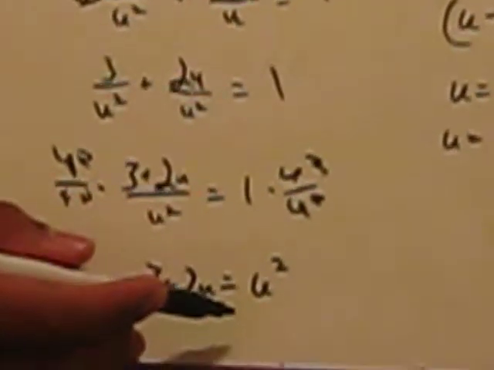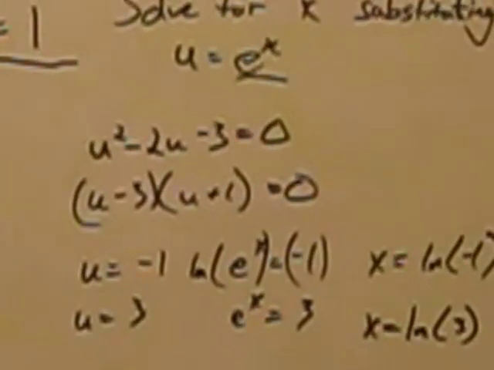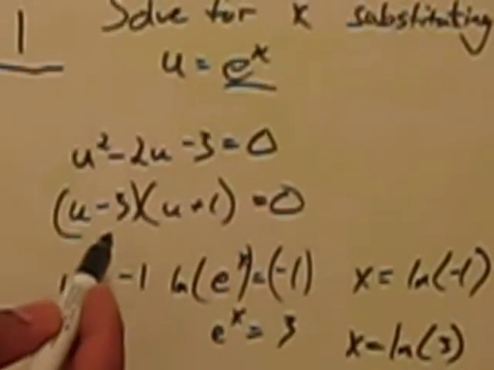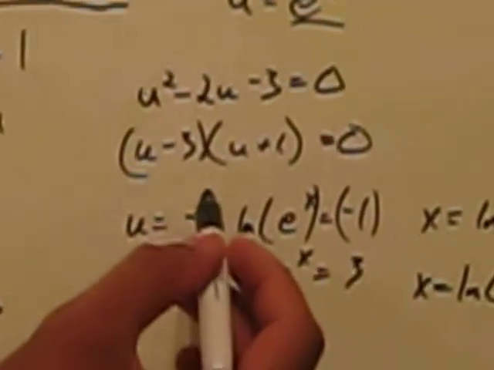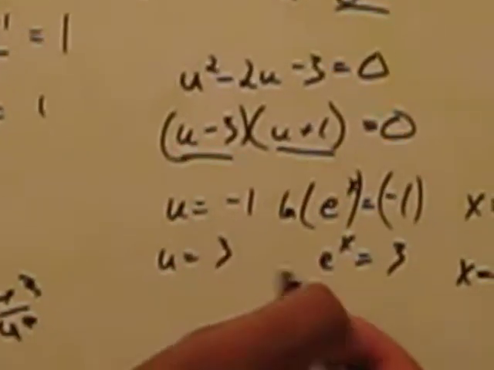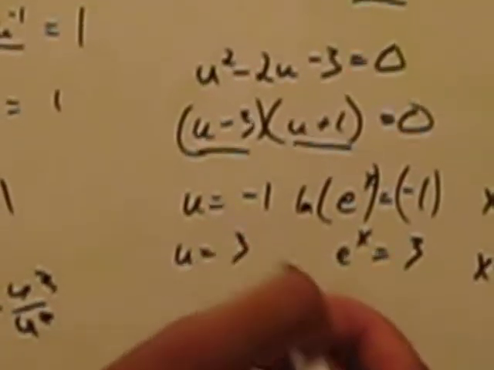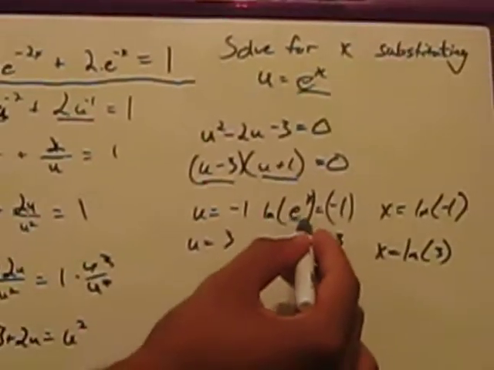And that'll get you to 3 plus 2u equals u squared, and then from there you just have a polynomial, u squared minus 2u minus 3 equals 0, so you can factor that to negative 3 and a positive 1. And then after you factor that, you have u minus 3, u plus 1 equals 0, and you have u equals negative 1 and u equals 3.